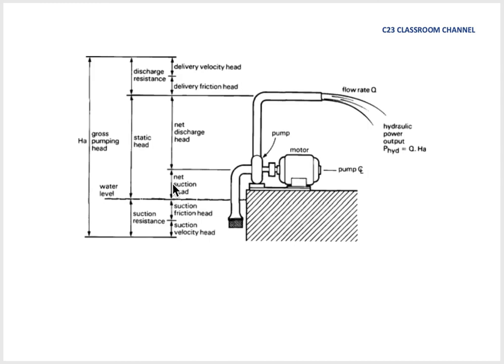Then this is the net suction head, and this is the discharge head, equal to the delivery head. Then we have friction here, and then we have the delivery velocity head. These three ideas are written in the previous equation.